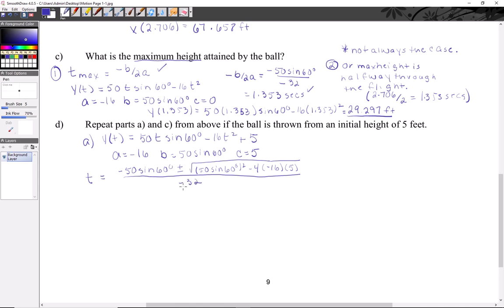So here t is going to give you two values: negative 0.0111 seconds, and it'll also give you t equals 2.81725 seconds.